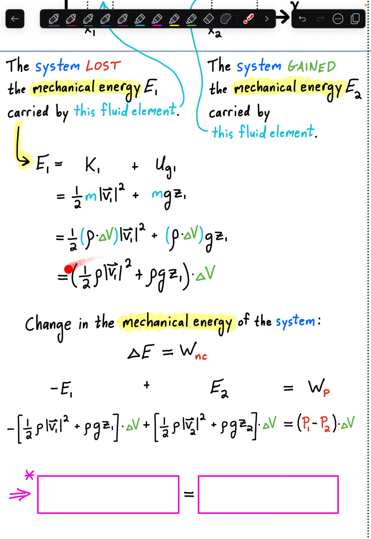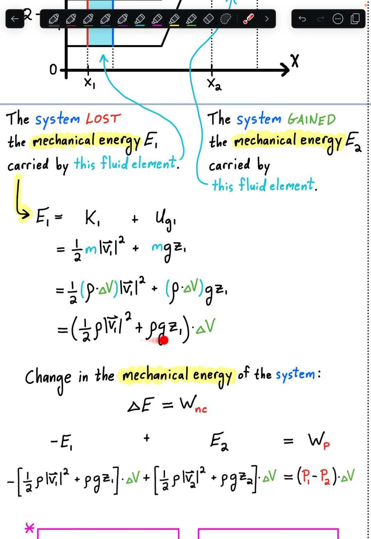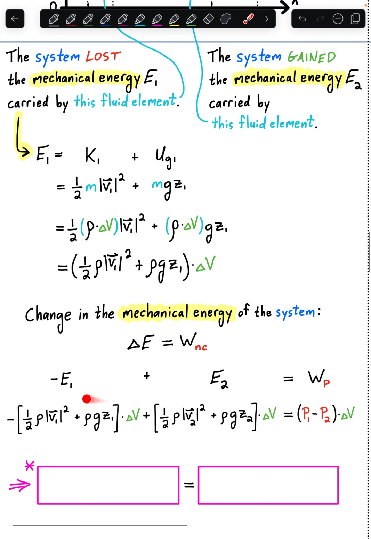This is the mechanical energy lost from the system, so minus E1. So that's this term here. And add to that the mechanical energy gained by the system, that's this, which is the same expression with twos instead of ones. So that is this term here. So here's the mechanical energy lost. Here's the mechanical energy gained.